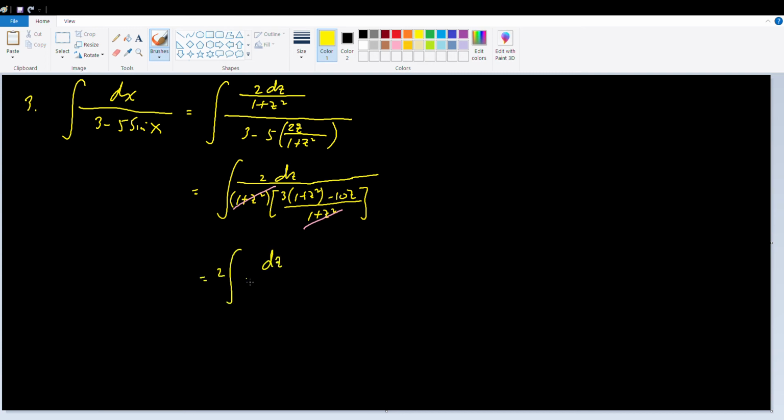2dz over, what do we have here? 3 minus 10z plus 3z squared. There.